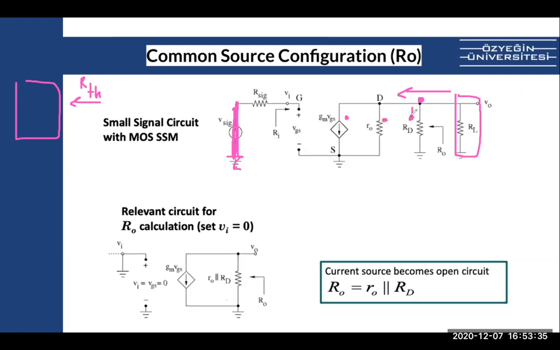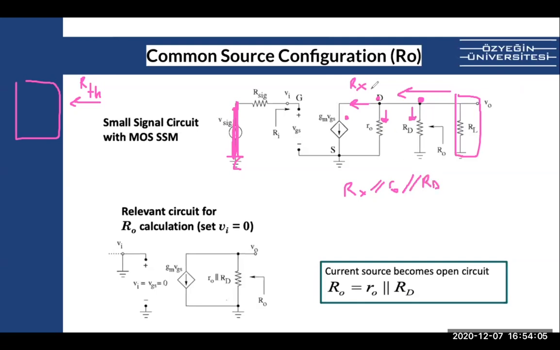So one impedance, and we need to know what is this impedance, looking from here to the left. And it will be parallel of those three impedances, right? Let's call it Rx. So the R out will be Rx parallel R out, like intrinsic output resistance, parallel RD.